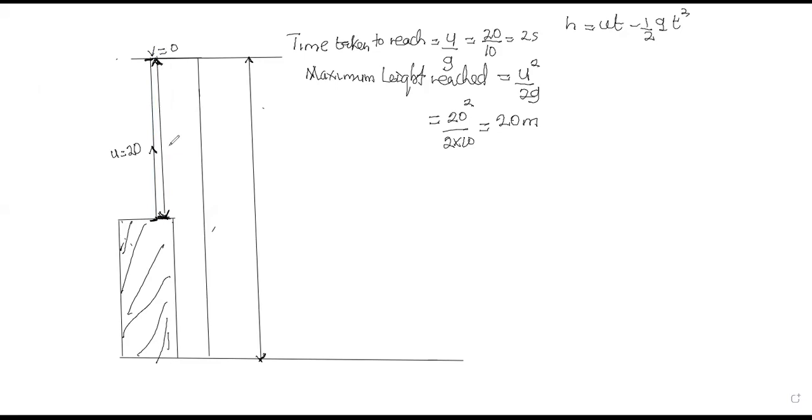This vertical height from the top of the tower is what we calculated, which is 20 meters. The height of the tower, we don't know. And that is what the question asks that we calculate for. So this height of the tower, we have no idea. And let that be represented by a capital H.